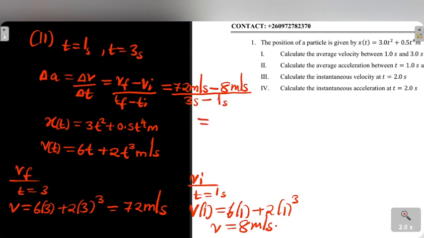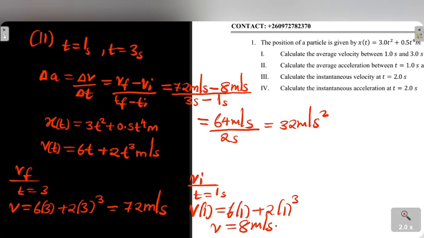So when we punch on top, we have 72 minus 8. This will give us 64 meters per second over 3 minus 1, it will be 2 seconds here. So when we divide, we have 32 meters per second squared. So that one becomes the average acceleration of our question.